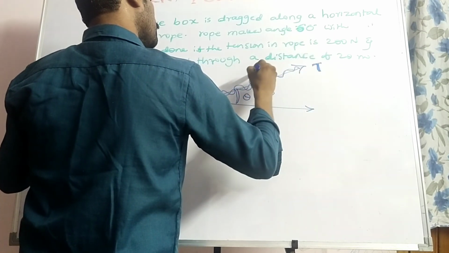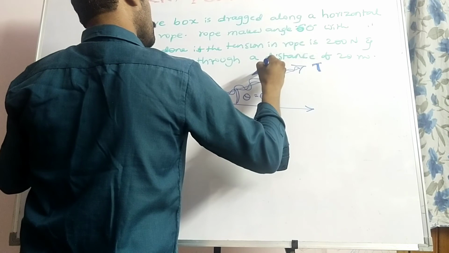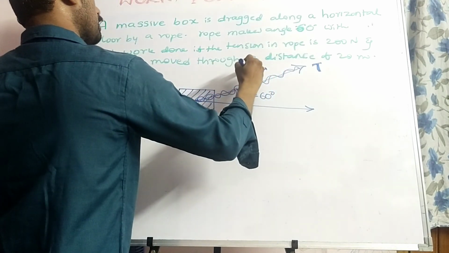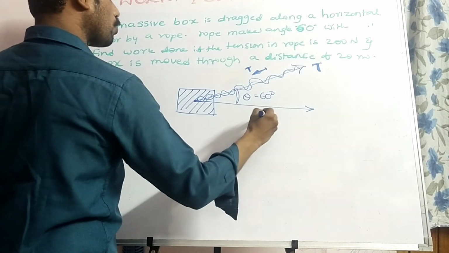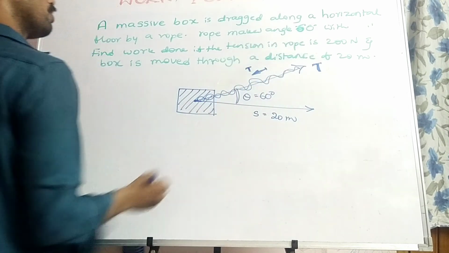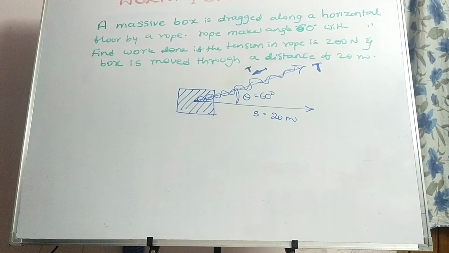Tension always acts towards the suspension or tie. So here we have theta, and the box is displaced by a 20 meter distance.